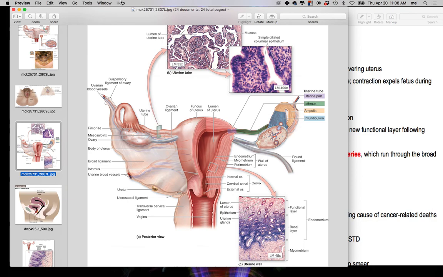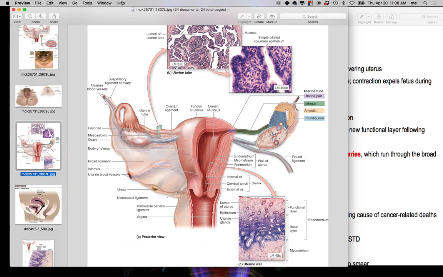So here's the myometrium, and here's the endometrium. Women always keep this layer of the endometrium, which is called the basal layer, and it's got a bunch of blood vessels and a bunch of glands in it. The basal layer will grow a new functional layer every cycle in the presence of progesterone.